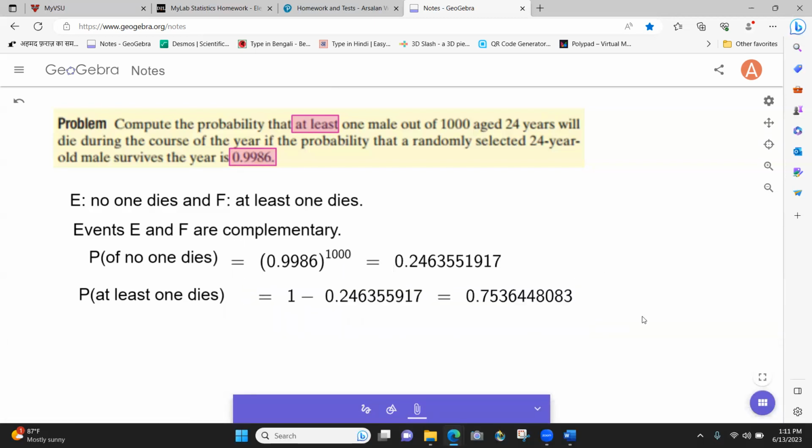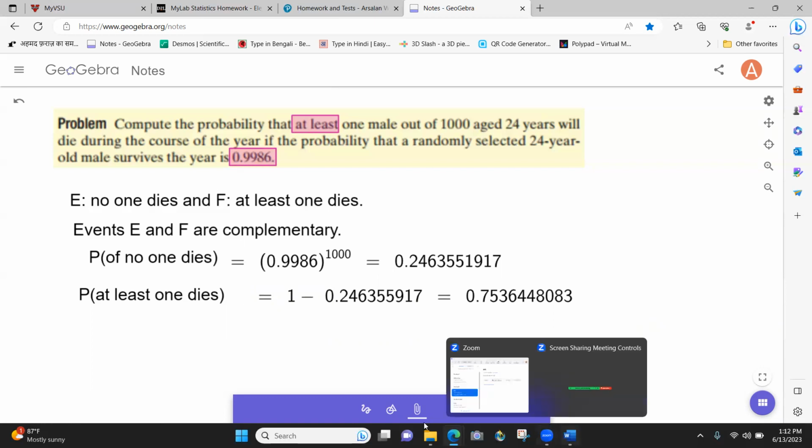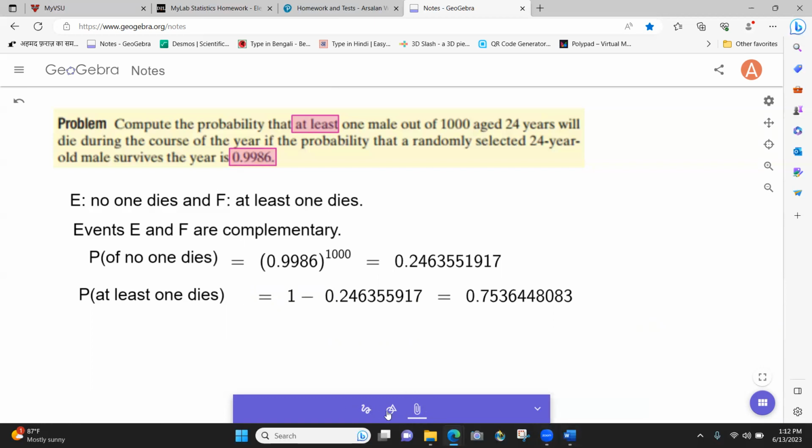So the probability that at least one dies is 1 minus 0.246355917, which turns out to be 0.7536448083. Got it? And that's our answer to this question. This is your answer.